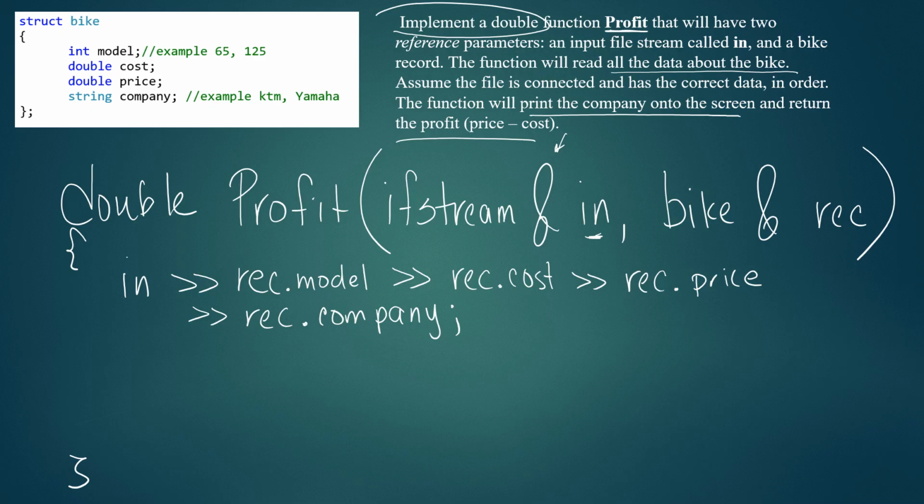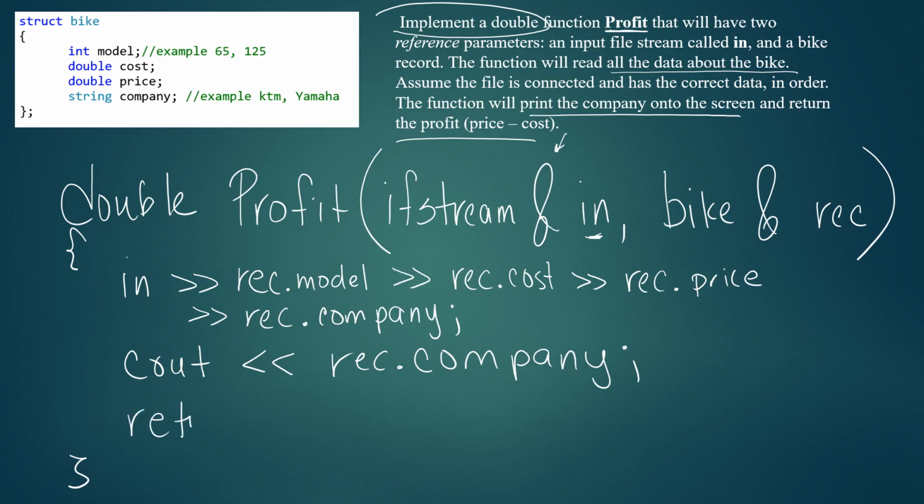So in order to print the company onto the screen, we will print out rec.company. And to return the profit, we will return rec.price minus rec.cost.